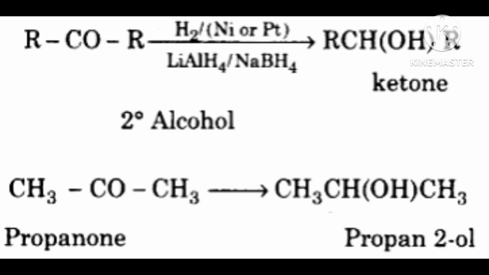Then here the reaction is with ethylene glycol, CH2OH, CH2OH, two CH2OH joined by a single bond. C-C is joined by a single bond. Then CH2OH, again one bond, again CH2OH. Then if the reaction takes place with ketone and ethylene glycol, what will happen?